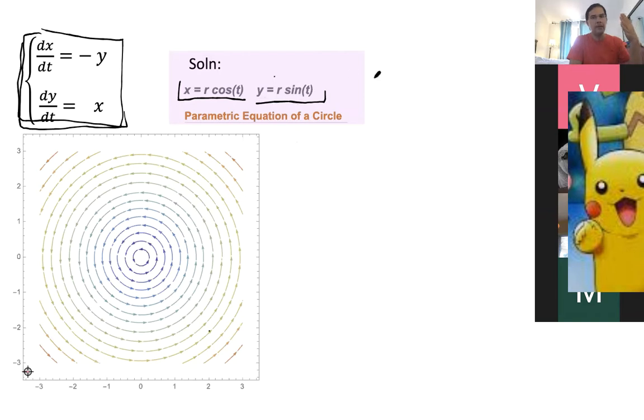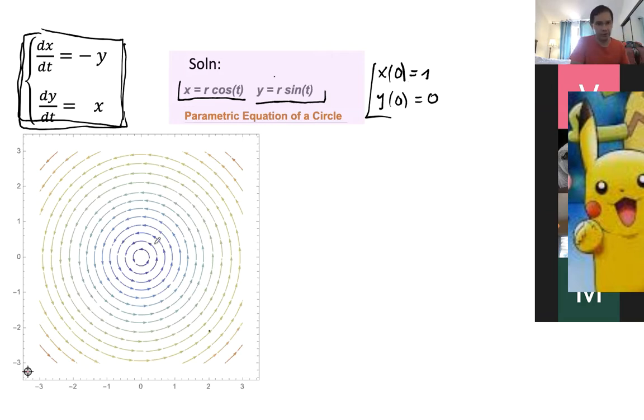Let's say you want to find the function that satisfies the following condition: x of 0 is equal to 1, and y of 0 equals 0. Okay, so now we have a system of differential equations and an extra condition.